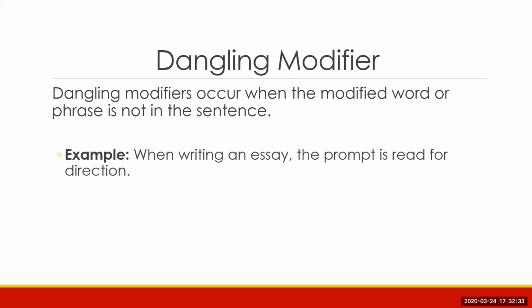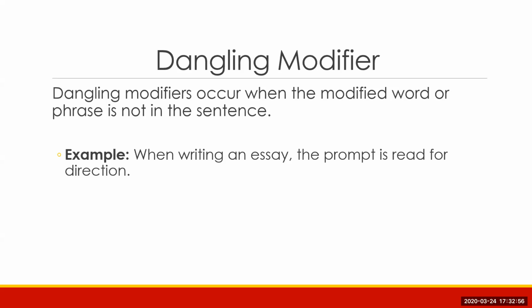So for dangling modifiers, this one's a little bit different in that the modified word or phrase is not in the sentence at all. So this means you have a modifier in your sentence, but you didn't actually write the word it's modifying into the sentence. So for example, when writing an essay, the prompt is read for direction.